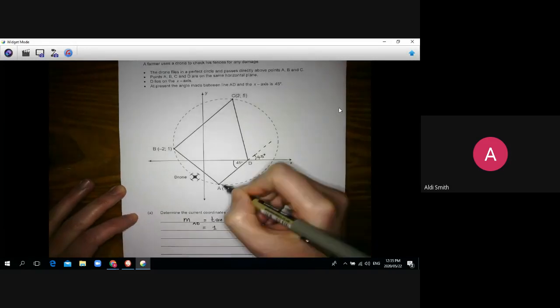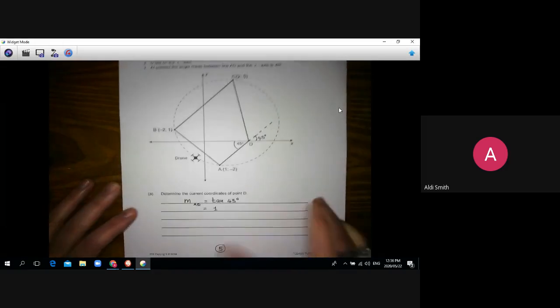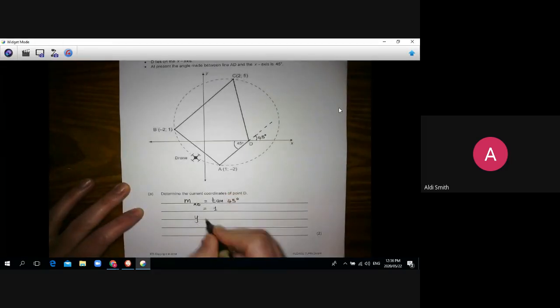So the gradient of that line is 1. And I've got the point on the line, so I can say y minus minus 2, so y plus 2, is equal to 1 times (x minus 1). So that's then going to be the line y is equal to x minus 1 minus 2, which is x minus 3. And then if I set this equation equal to 0, because I want to determine the x-intercept, I've got x is equal to 3, which then means that D is the point (3, 0). Okay, so simple, straightforward, finding the x-intercept of that line.